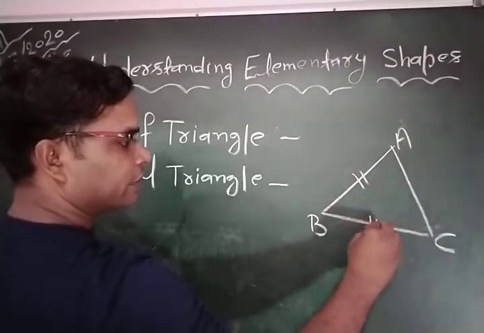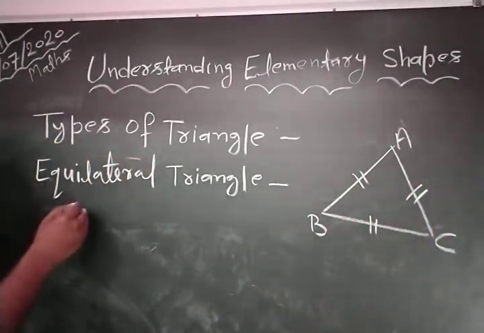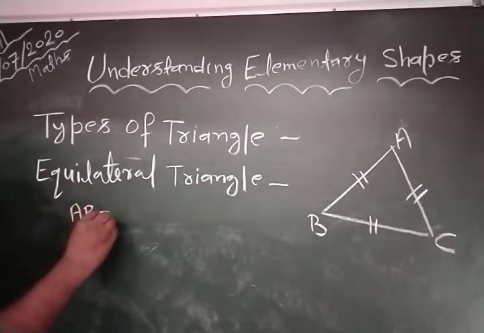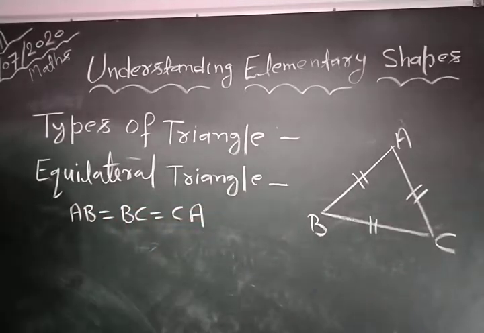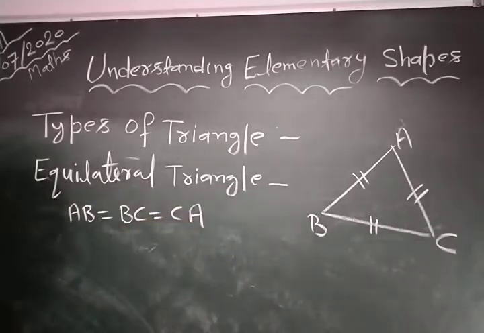AB is equal to BC, BC is equal to CA. So here AB is equal to BC is equal to CA. If all three sides of a triangle are equal, it is called an equilateral triangle. In this figure, triangle ABC, you can see AB is equal to BC is equal to CA. So you can say this is an equilateral triangle.